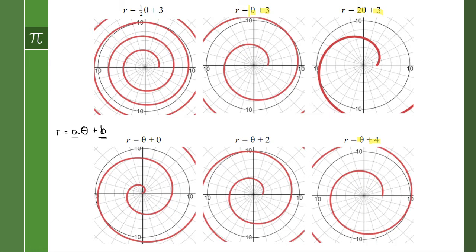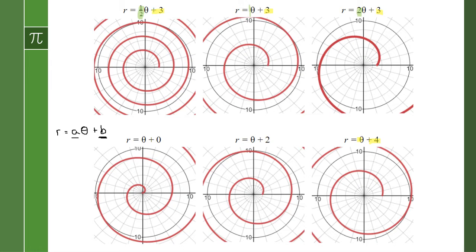I see 1/2 theta plus 3, 1 theta plus 3, and 2 theta plus 3. So these all have the same constant, the plus 3 added on at the end, and that allows us to just focus on the effect of the leading coefficient. How is the shape of the graph different when the angle is multiplied by 1/2 versus 1 versus 2?